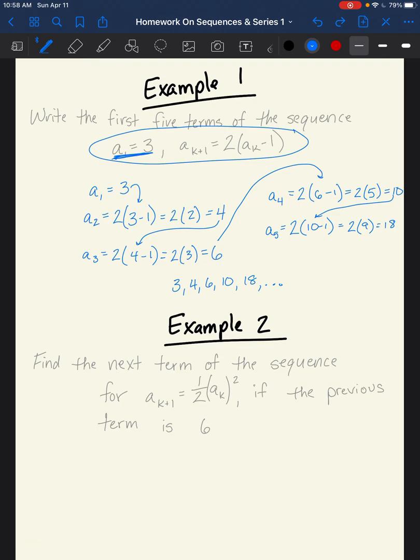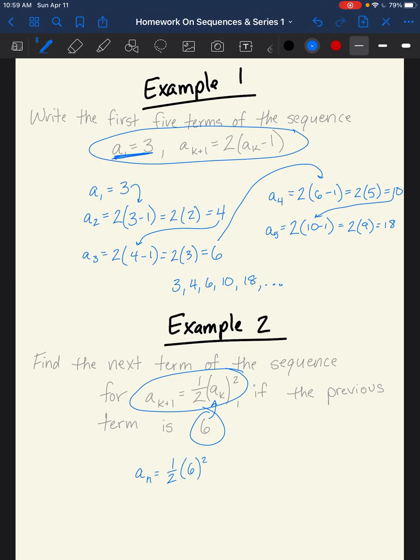All right, so example 2 says, find the next term of the sequence for a sub k plus 1 equals 1/2 of a sub k squared if the previous term is 6. So I don't even know which term this is in the sequence. All I know is that the term before it is a 6, okay? So I'm just going to say that a sub n is equal to 1/2 of the previous term squared.